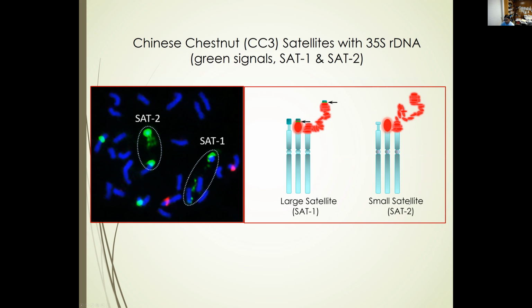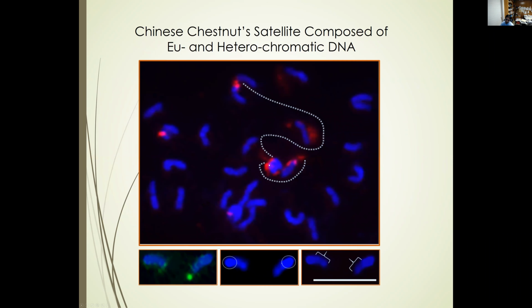This is satellite 2, and this is satellite 1. These are the two satellites from another line, Don Saret. In this system there are two satellites, and stretched DNA is connected with the mother chromosome.